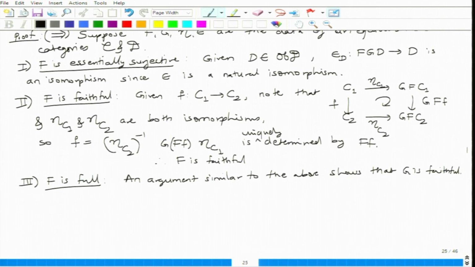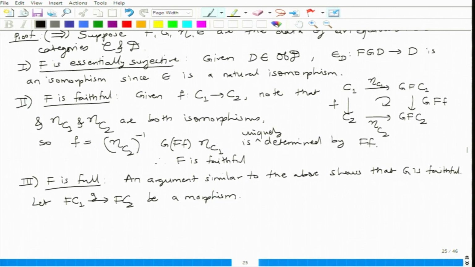Okay, let's see how. So let g: FC1 to FC2 be a morphism. If this is a morphism, what do you need to show? That this particular little g lies in the image of capital F. But what morphism can that be? F of what?